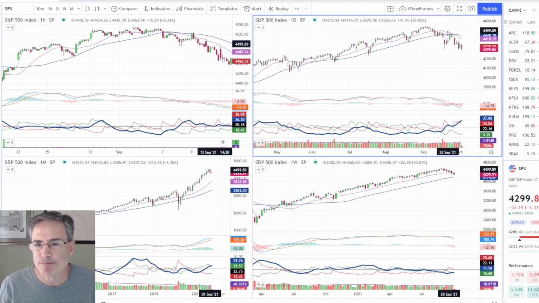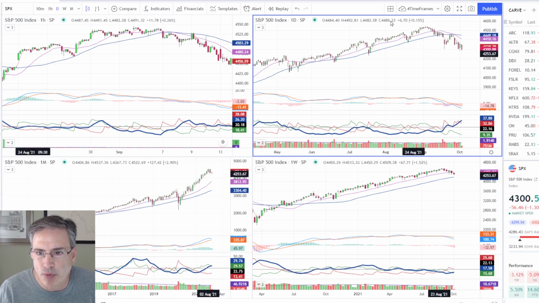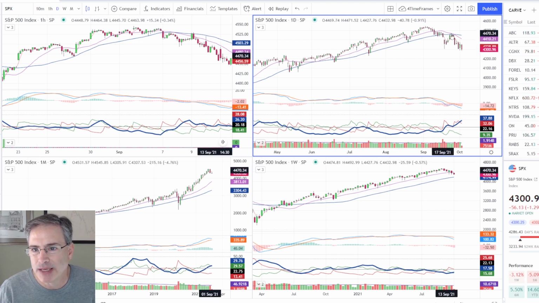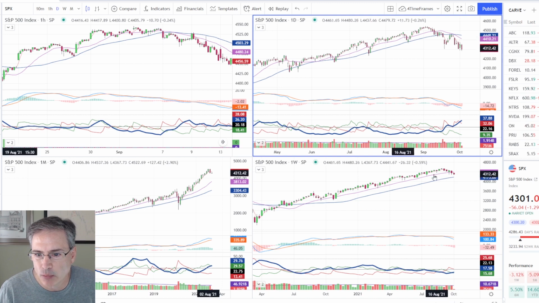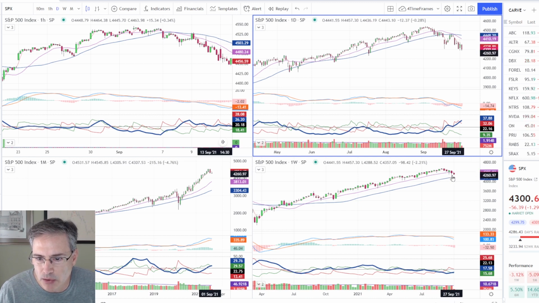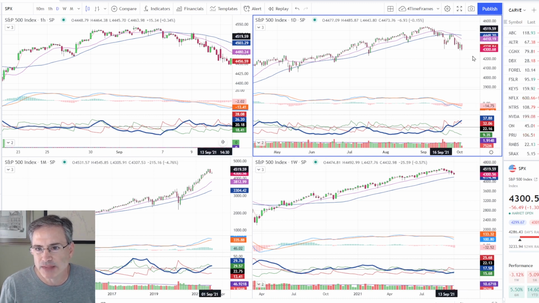If we get a 1, 2, 3 change in trend in price on the daily, if we get the 18 below the 40 and both lines declining on the daily, and we get an 18 true break where the 18 is closed below and then we take out the low of that bar, we have basic confirmation that the short-term trend, the daily trend, is shifting back to the downside.